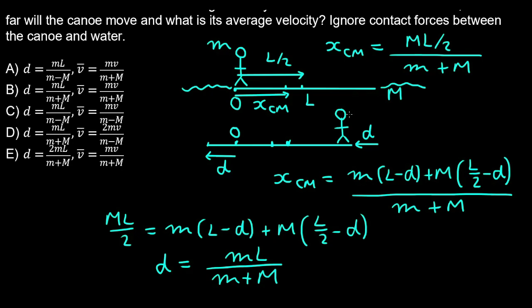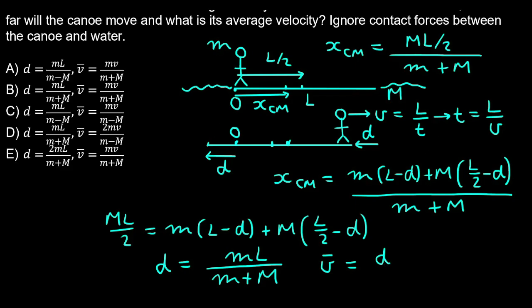Now given the person moved at an average velocity v to the right of the canoe, that's equal to the length of the canoe on the time taken, and therefore the time taken is equal to L on v. And the average velocity of the canoe is the distance travelled, which we've determined here, and the distance travelled by the canoe is done over the same time that the person moves from one end to the other.